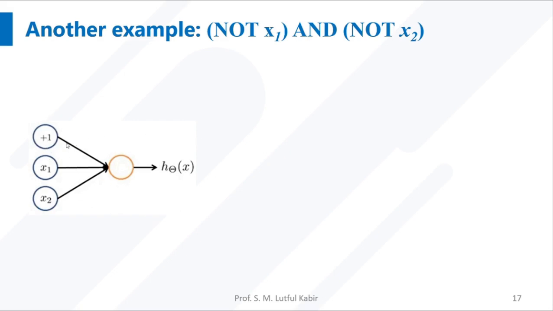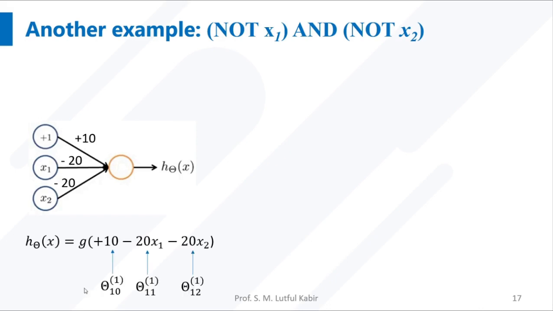So if you can get the values of thetas, you can get the relationship between h theta and x1 and x2. Let us say we obtain the values as plus 10, minus 20, minus 20. So h theta will be g of plus 10, minus 20 x1, minus 20 x2. In this case, theta 1,0, theta 1,1, and theta 1,2 will be those values.